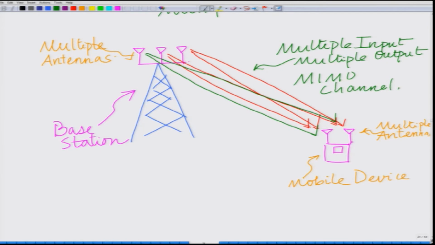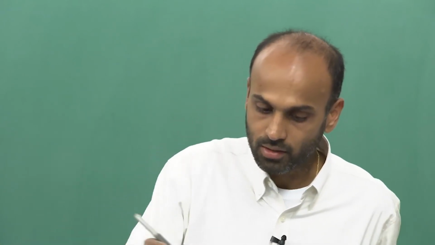So, MIMO stands for multiple input multiple output, where multiple inputs mean you have multiple transmit antennas, and multiple outputs mean you have multiple receive antennas. We have illustrated this for the downlink wireless communication scenario, where you have a base station which has multiple transmit antennas and the mobile device which has multiple receive antennas.